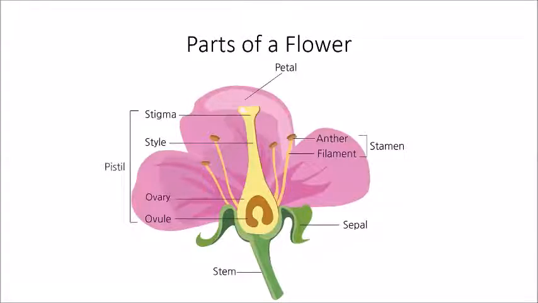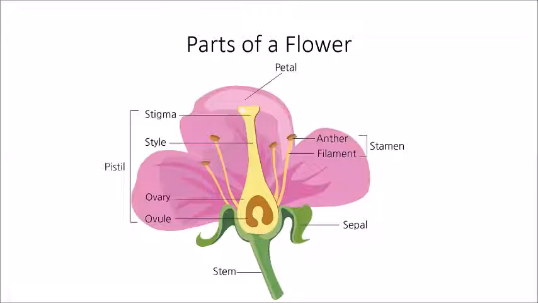Okay, so the first thing we're going to talk about is the petal. The main function of the petal is to attract insects, or pollinating insects. This is the reason why petals are going to have vibrant colors, such as red, yellow, blue, purple, etc. The reason why it has these vibrant colors is to attract different insects.